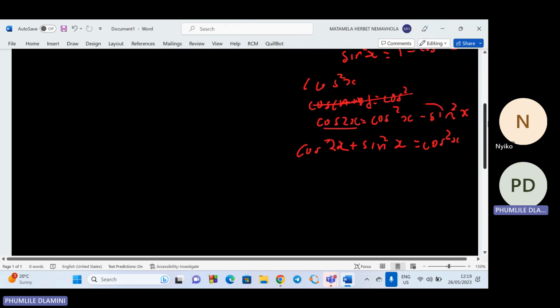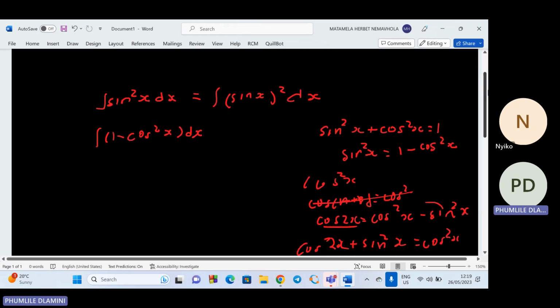So that's when we need to work out exactly what we should do, in order for us to achieve this sine squared x.